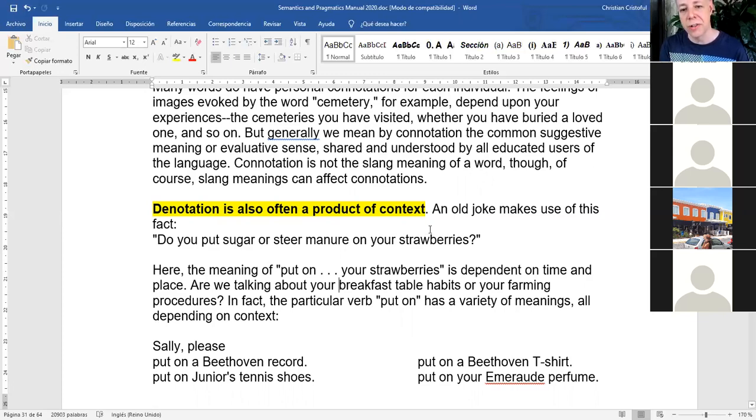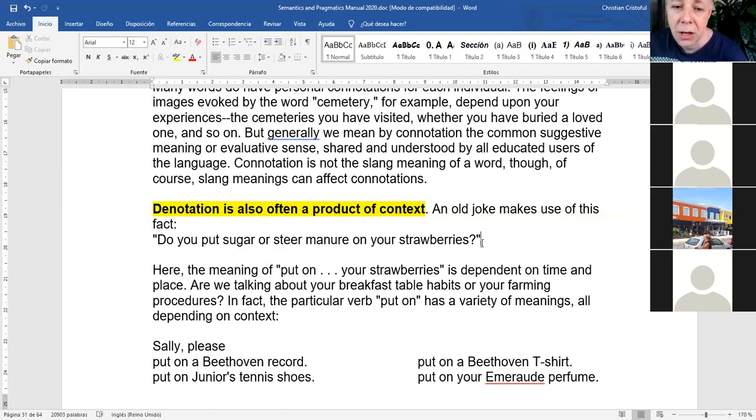Do you put sugar or steer manure on your strawberry? First, vocabulary. Steer manure is fertilizer, animal fertilizer. Do you put sugar or do you put fertilizer on your strawberries? Why is this an example of the phrase denotation is also often a product of context?